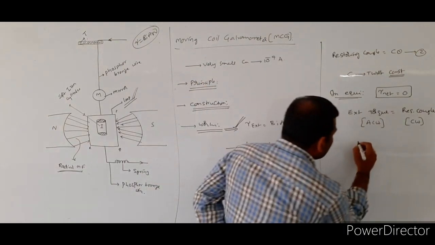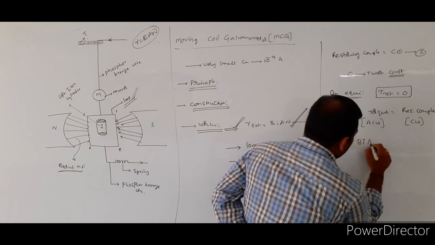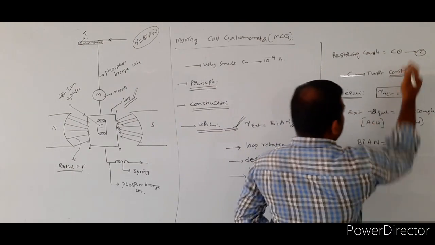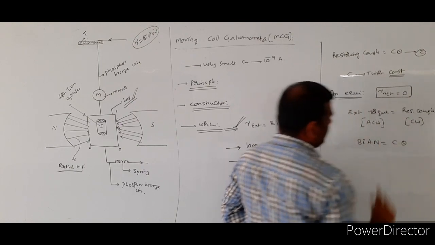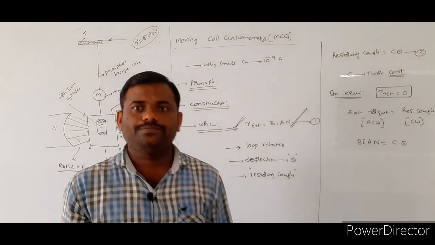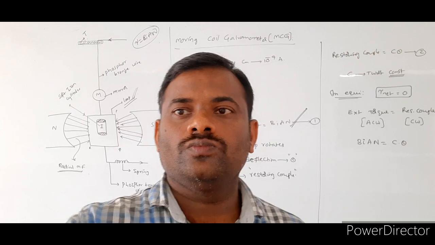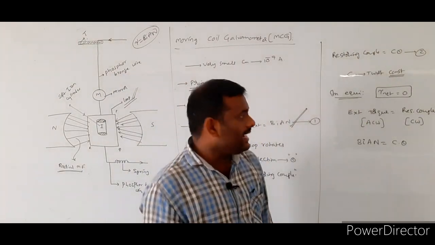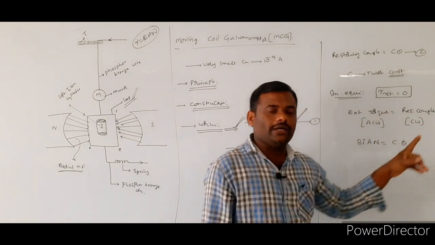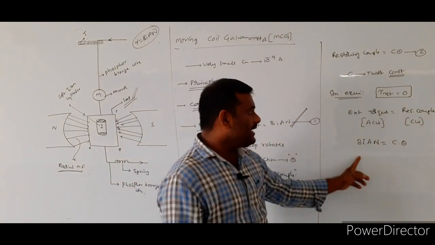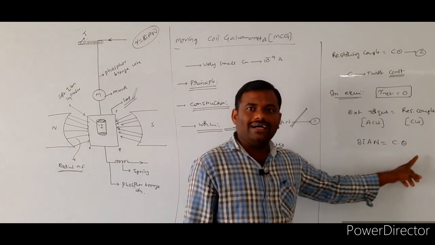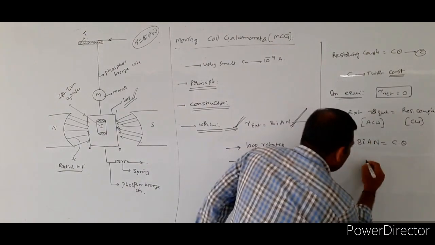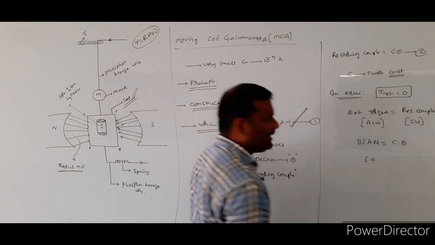What is the external torque value? BIAN. The restoring couple value is C into theta. So whenever the external torque is equal to the restoring couple, we write BIAN is equal to C into theta. Here, I will write the expression for the current.